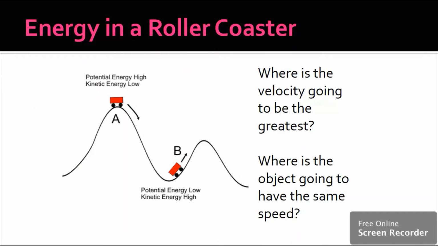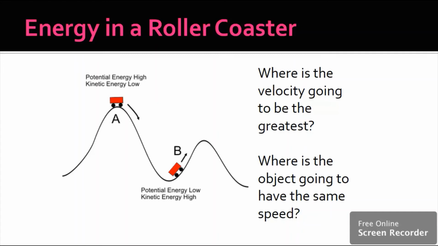So where's the velocity going to be the greatest? At the very bottom. So between A and B, it's going to be bigger at B. Where is the object going to have the same speed? That's a good, tricky question. At any point where the height is the same, the speed will be the same.